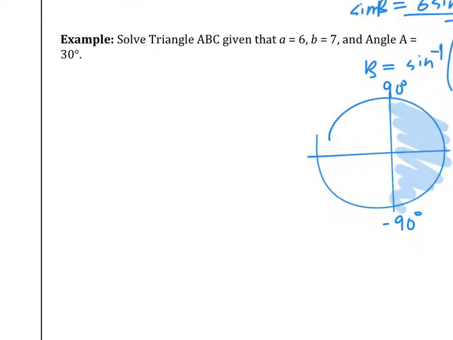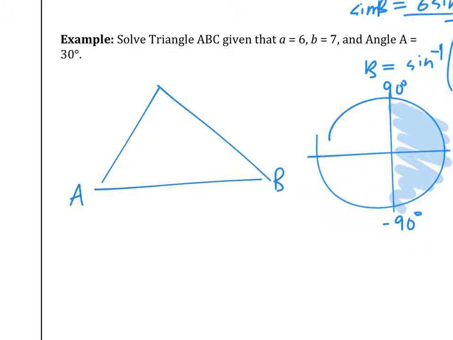Let's look at the second one. This is the tricky one. Triangle ABC. I'm gonna draw it this way. A, B, C. Side A is 6, side B is 7, angle A is 30. Same question as before. Is there another way to draw this same triangle?